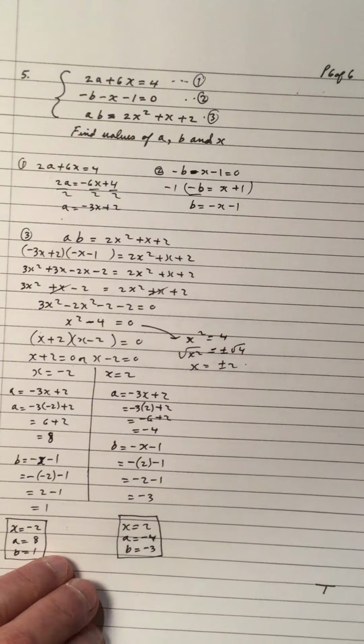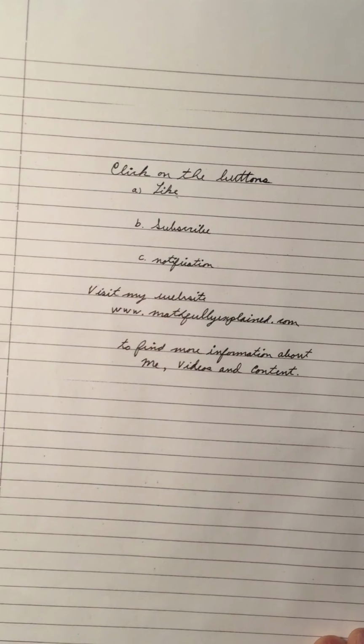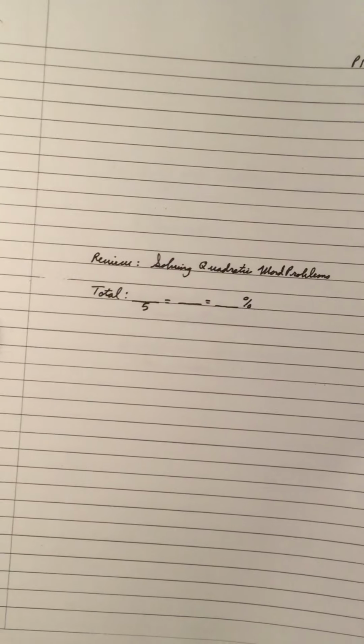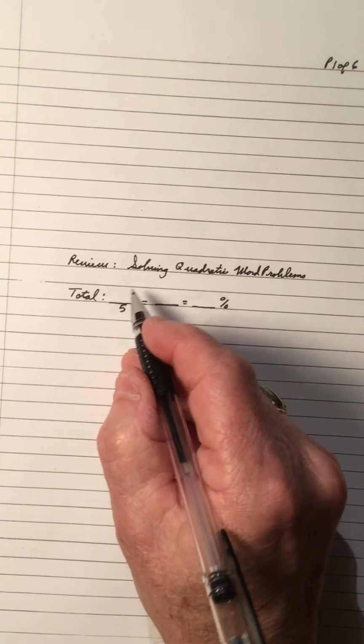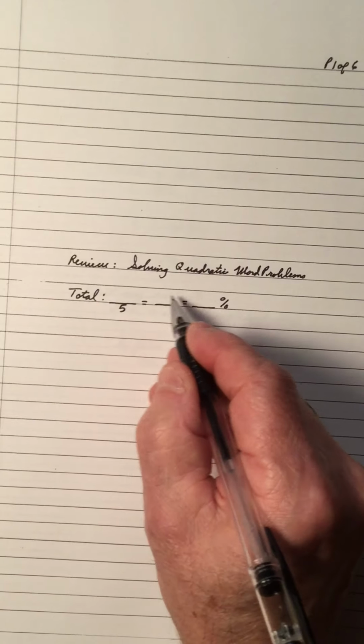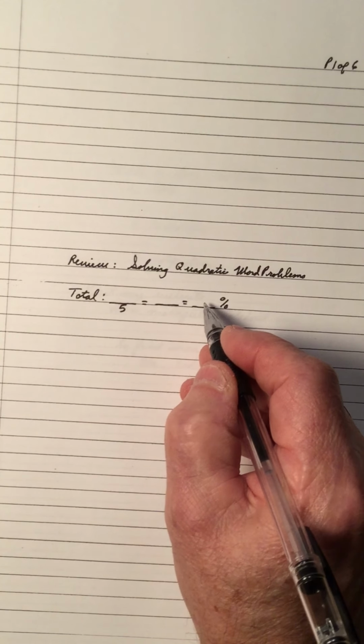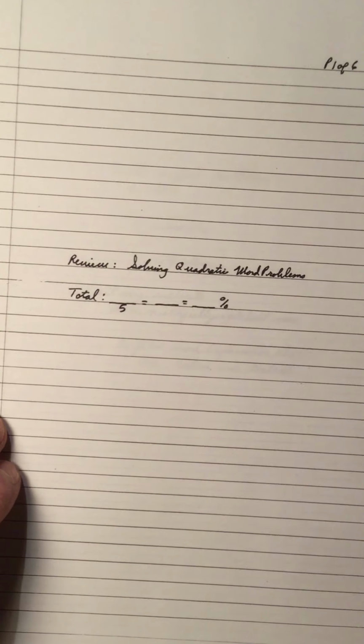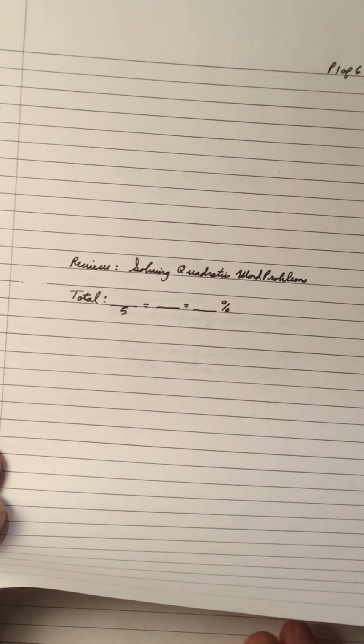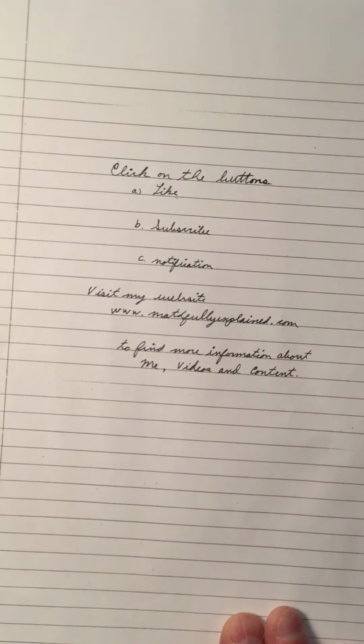Give yourself a mark. When you're finished, total up your marks, see how well you did, and put your score over 5. Whatever you have right, divide 5 into it, get a decimal, and move it 2 places to the right to get your percent. Hopefully you did everything okay, and that ends the unit on solving quadratic equations.